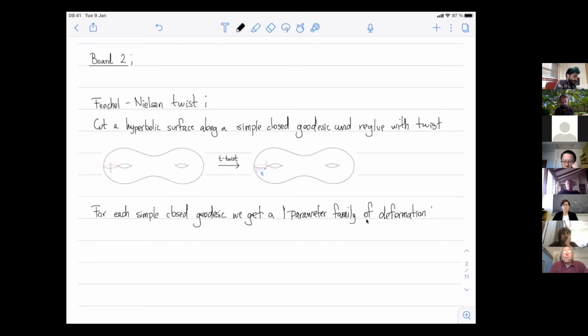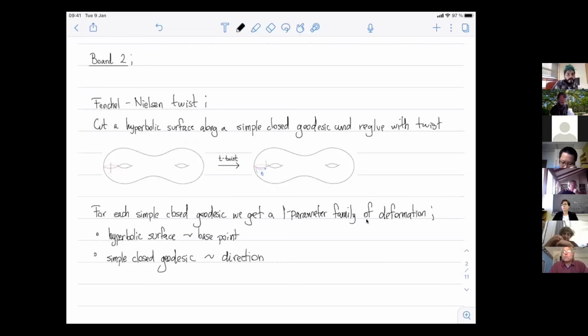And how we're going to think about this is that the hyperbolic surface is going to act like a base point, and then the simple closed geodesic is going to act like a direction for the deformation.